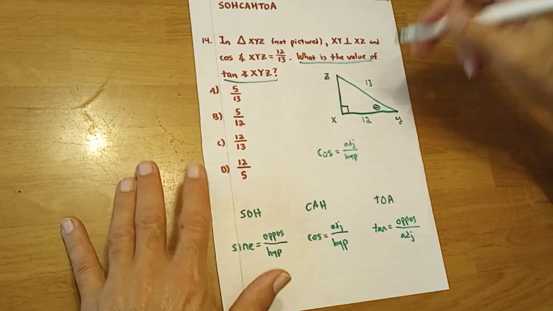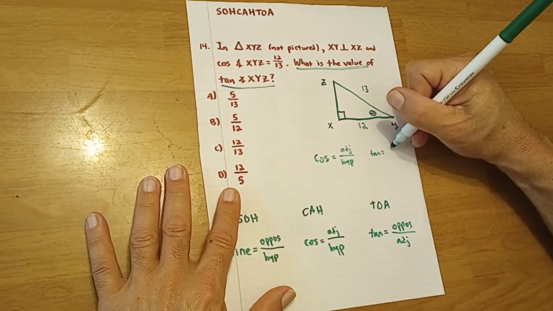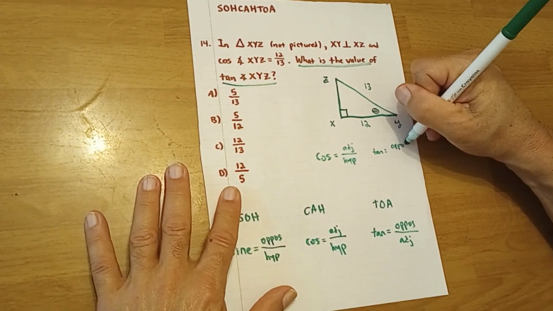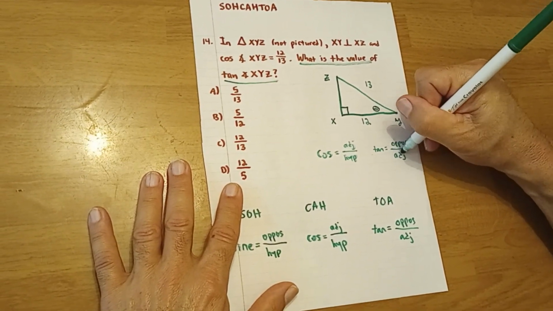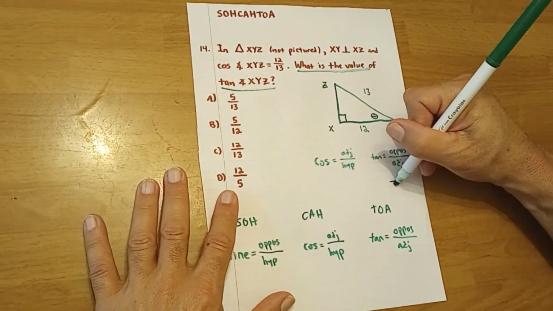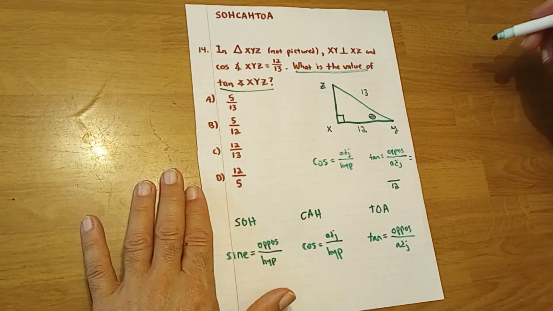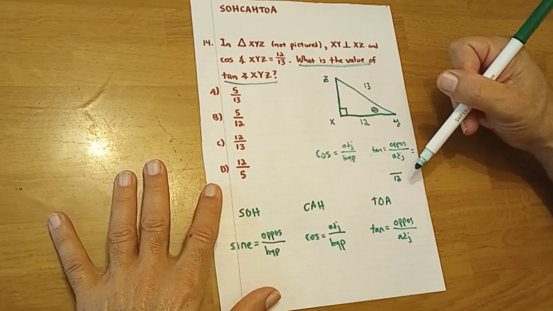Okay, so now they want to know what the value of the tangent of angle XYZ equals. Well, the tangent is equal to the opposite side over the adjacent side. And the adjacent side here we know is 12. So there must be a 12 in the denominator in our answer.